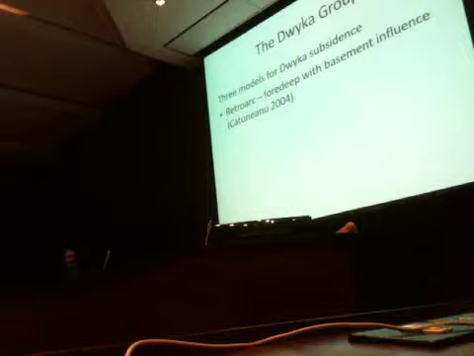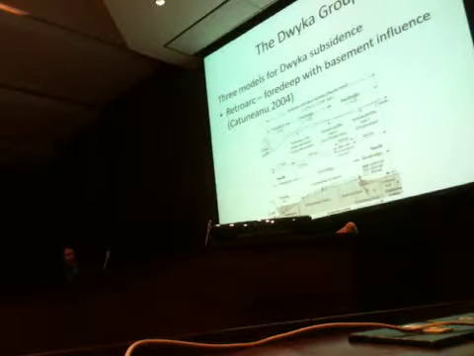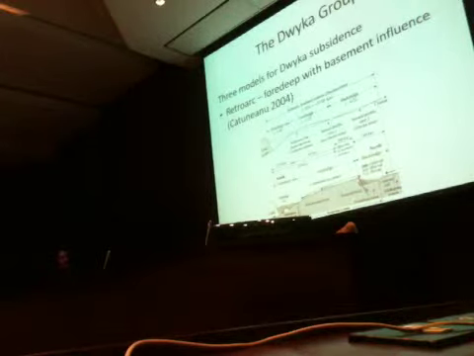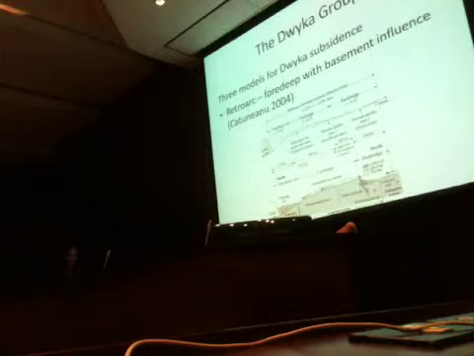We've seen before that there are 3 models for Dwyka-Ecca subsidence. Going back to 2004, the one that is most akin to what I'm talking about is Catuneanu's retro-arc foreland model, and that has a thrust belt over here in the Carboniferous, and it has deep subsidence in the foredeep over here, a very large forebulge that is essentially all of the Kaapvaal craton, except the most distal part where basement structures start to influence subsidence, and so the back bulge is not a smooth transition but a fault-bounded block.